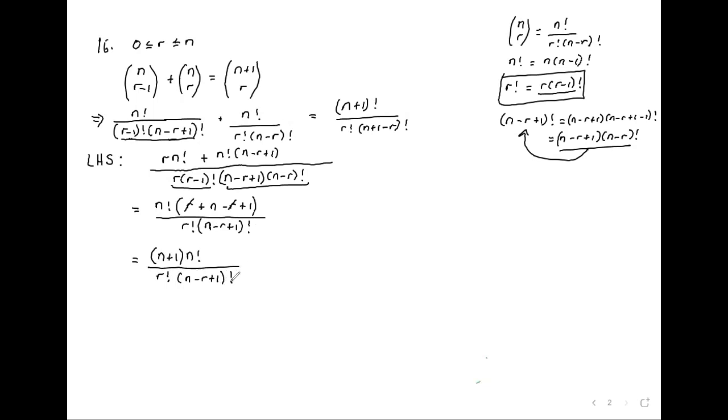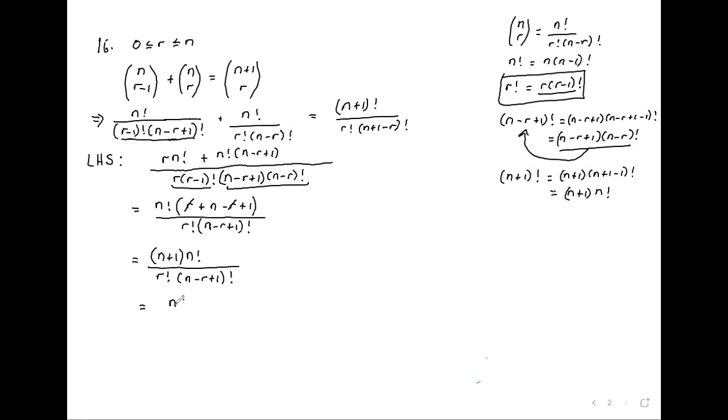But this thing we have here, n plus 1 factorial, is not different from n plus 1 multiplied by n plus 1 minus 1 factorial, which is n plus 1 multiplied by n factorial, which is what we have here.